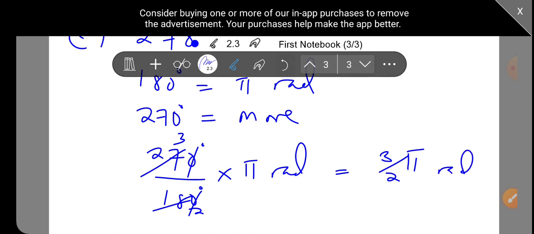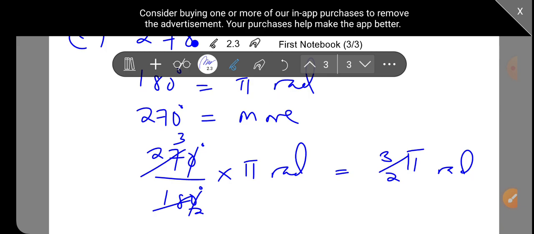So instead of writing 270 degrees, I can just write 3 by 2 pi. Instead of writing 90 degrees, I can just write pi by 2 rad. Instead of writing 180 degrees, I can write pi rad.